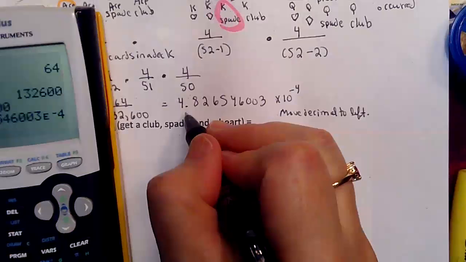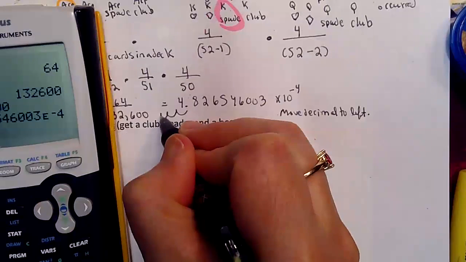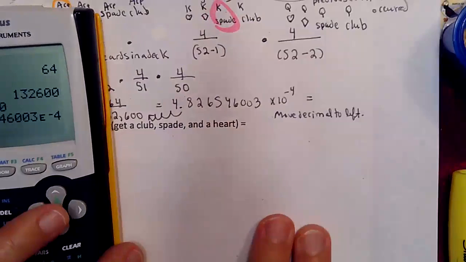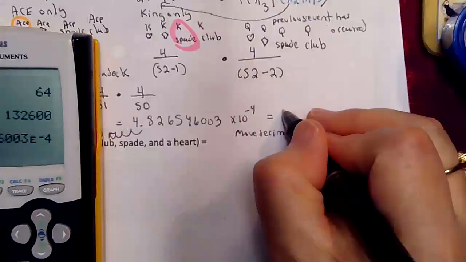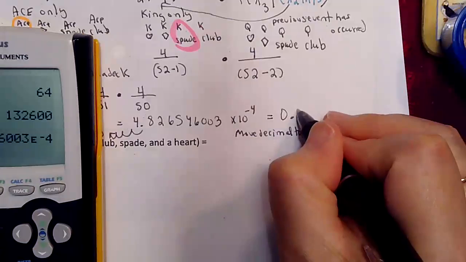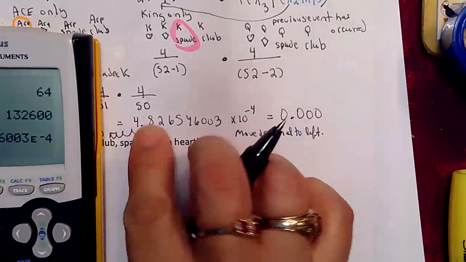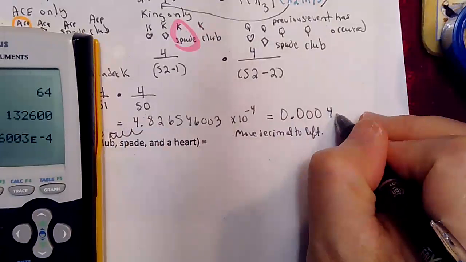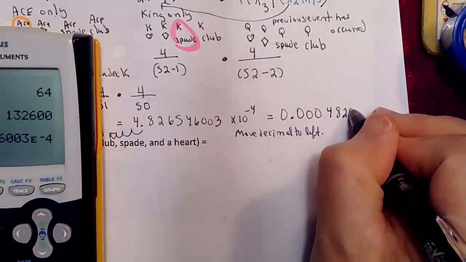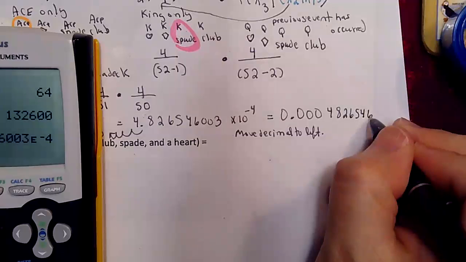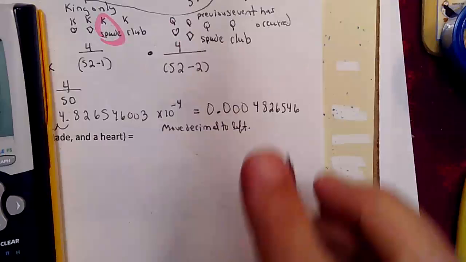We have 1, 2, 3, 4. So you need 3 zeros, and then this 4 counts as a move. You have 4, 8, 2, 6, 5, 4, 6, 0, 0, 3.